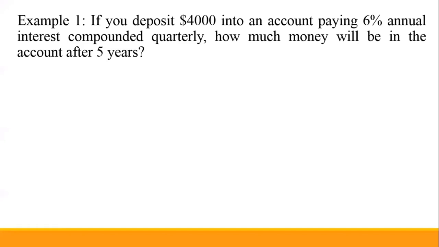We're going to use the formula that I have shown you earlier. FV, the future value, is equal to P, the principal, times 1 plus r, yung annual interest rate, over n, the number of times compounded per year, raised to n times t, yung time.